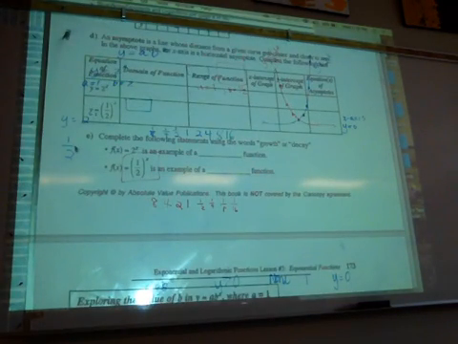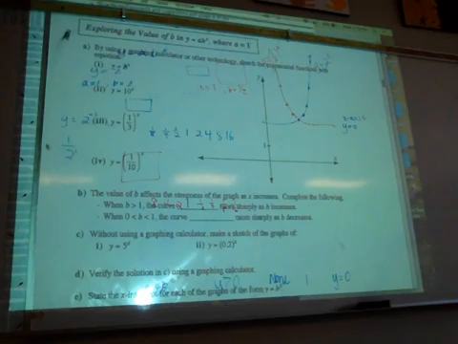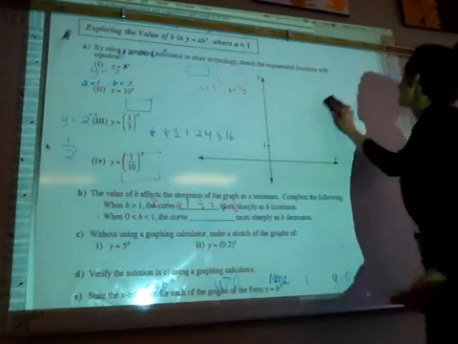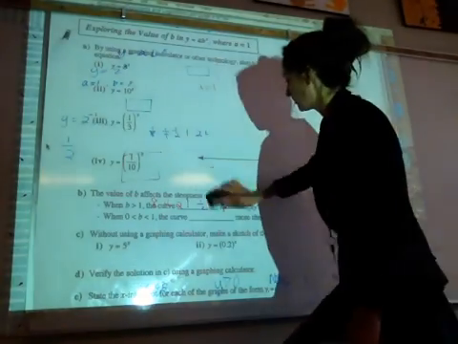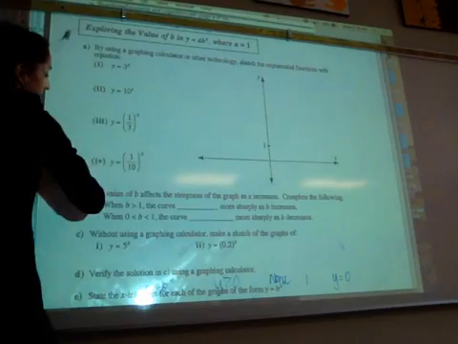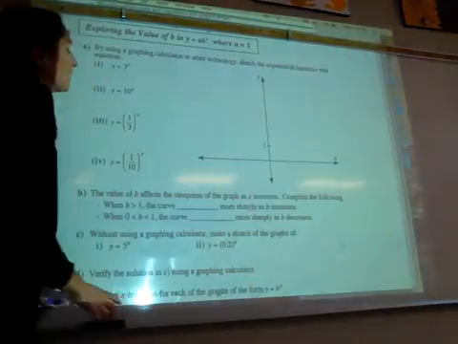For part E, 2 to the power of x, we've said it a few times, it's a growth function, and 1/2 to the power of x is a decay function. Because we've talked a little bit about our B value already, I'm going to save us a bit of time, and we're not going to graph all of these. We're just going to talk about them, okay?